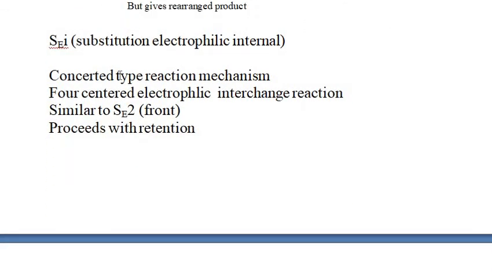Now let's see what SEi means. Here i stands for internal. SEi stands for substitution electrophilic internal. This reaction follows a concerted type reaction mechanism. It has a four-center electrophilic interchange reaction mechanism. It is almost similar to SE2 front side attack, which proceeds with retention of configuration.